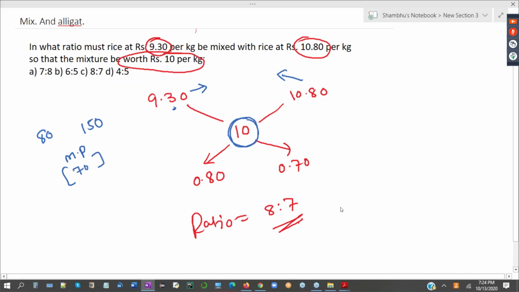If I write 70, it is not correct. Mean price cannot be 70 for 80 and 150. Similarly, mean price cannot be 170. Mean price must be between 80 and 150. So I can have a mean price of 100, 120, 130, and so on. So here you learned how to mix two items.